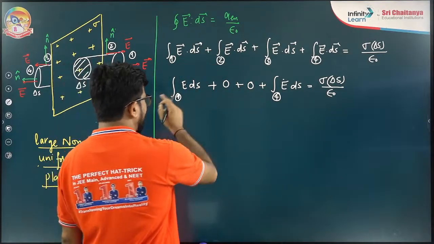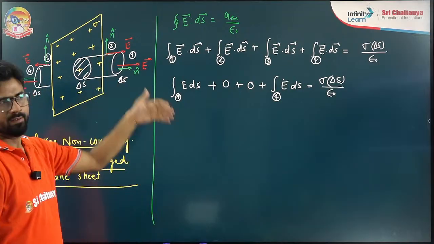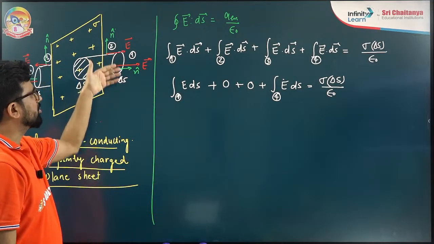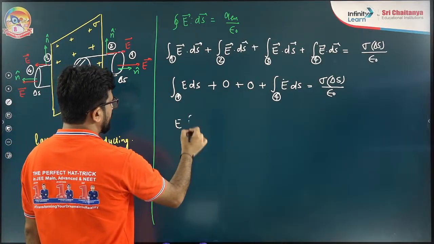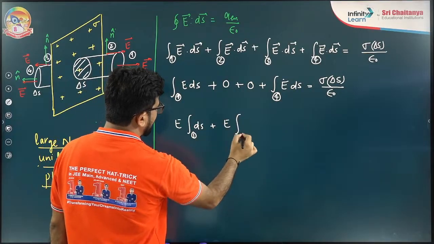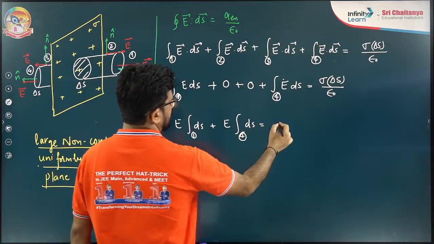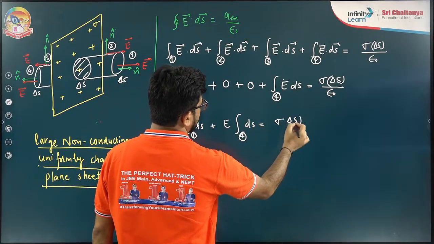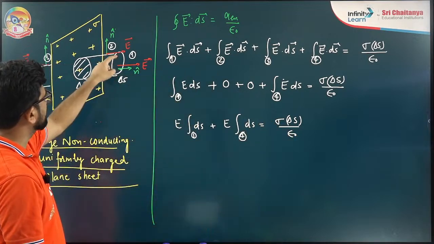Now take surface 1, surface 2, surface 4. Because the field is in the outward direction and is constant in this area, E can be taken outside. You can say that for surface 1, E ds, similarly for surface 4 also E ds, is equal to sigma into delta S divided by epsilon. Now surface 1, what is the area?